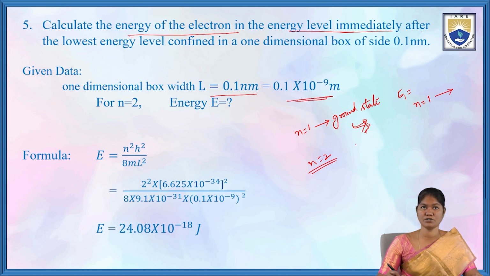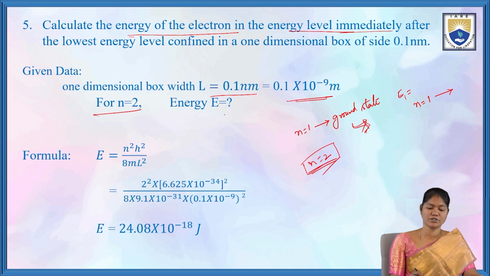So n is equal to 2 is the energy level immediately after the lowest energy level. For n is equal to 2, we need to calculate energy. The formula I am using here: E is equal to n square h square by 8 m L square.